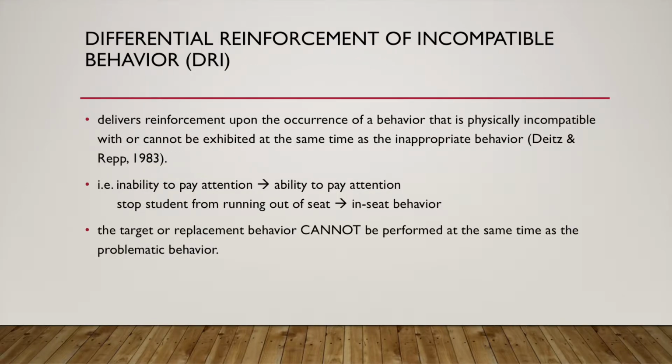So what is differential reinforcement of incompatible behavior? The first, it delivers the reinforcement upon occurrence of a behavior that is physically incompatible with, or cannot be exhibited at the same time as, the inappropriate behavior. For example, if the interfering behavior is an inability to pay attention, then an incompatible behavior will be the ability to pay attention.